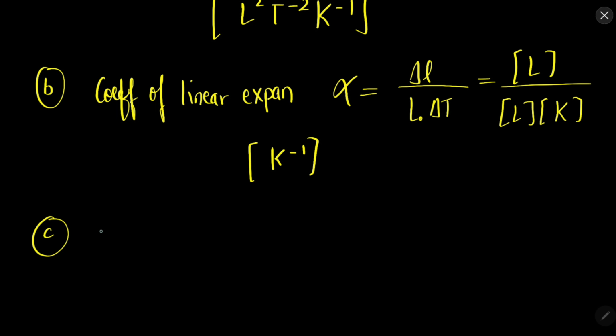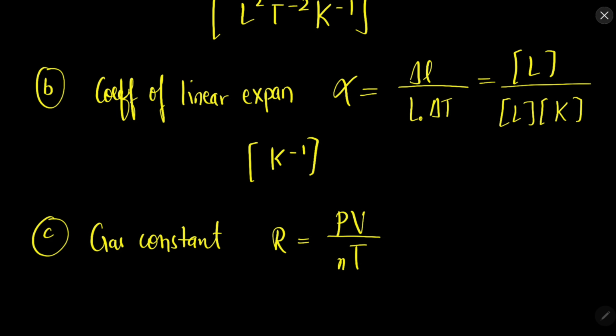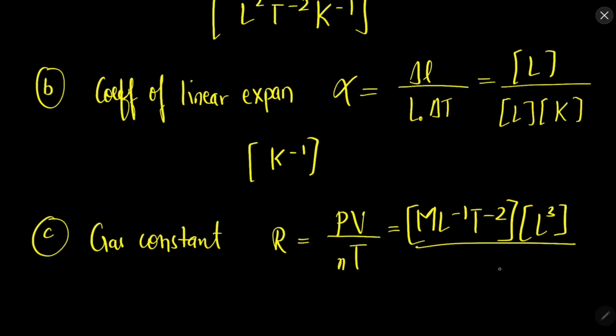Then C is the gas constant. Gas constant is represented by R, and its dimension can be found using the equation PV equal to nRT. From that equation we have R equal to PV upon nT. For pressure P we have M L⁻¹ T⁻², because pressure is force upon area. For volume we have L³.